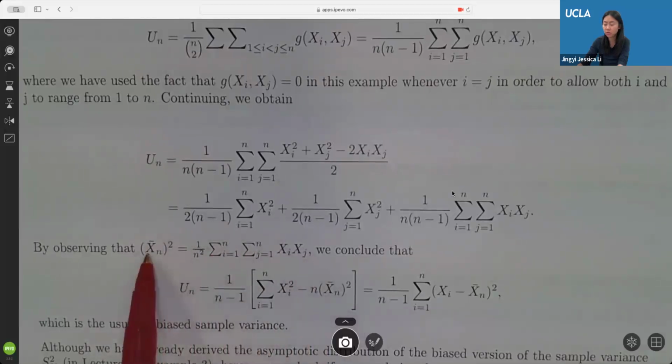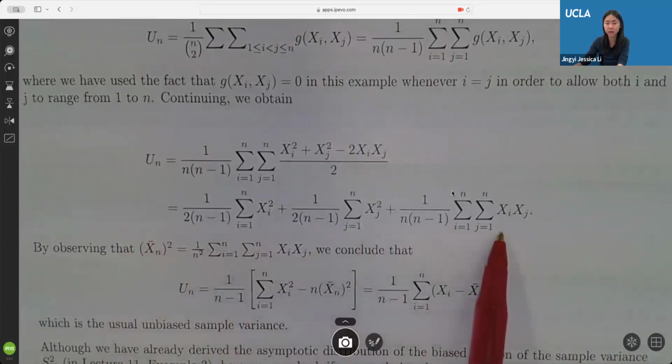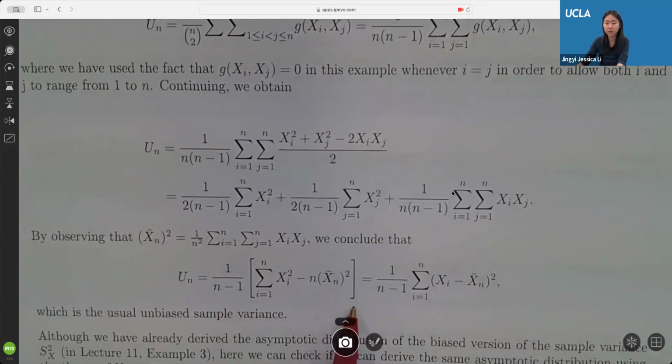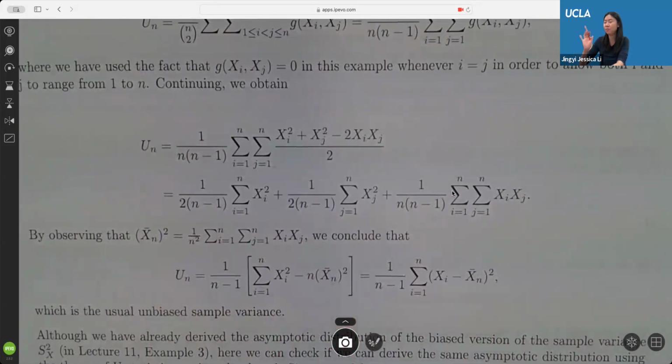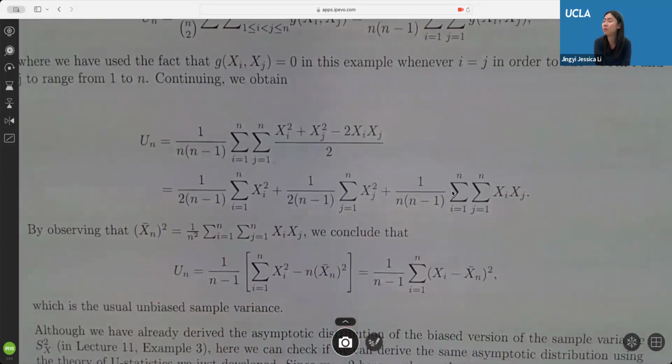So you use this to introduce x bar in here. By simplification, you will finally see the U statistic is just the unbiased sample variance we are familiar with. So in this example, nothing special. We are just showing that U statistics generalize the unbiased sample variance, and the unbiased sample variance is a special case.